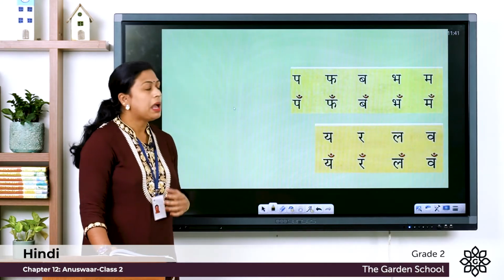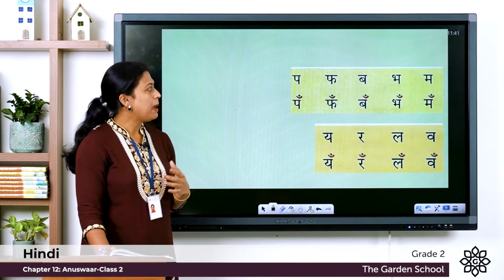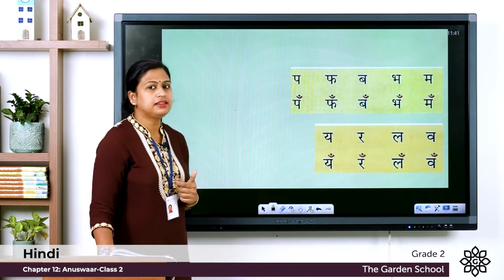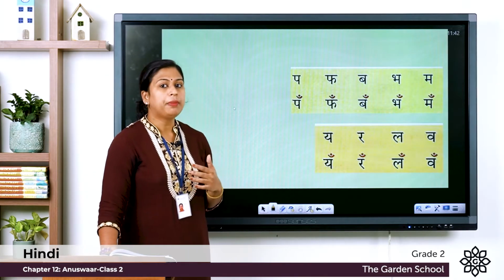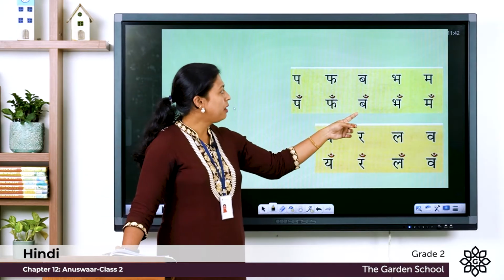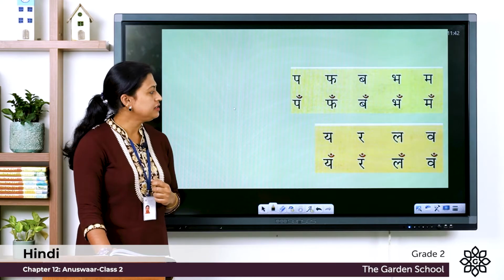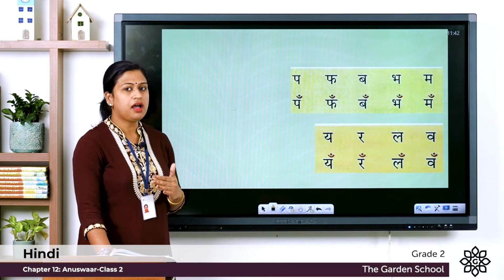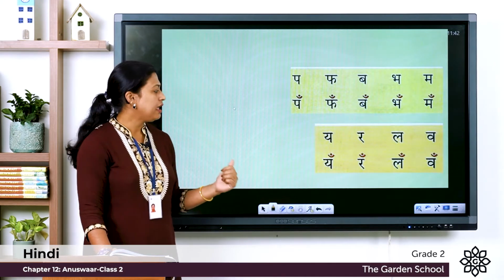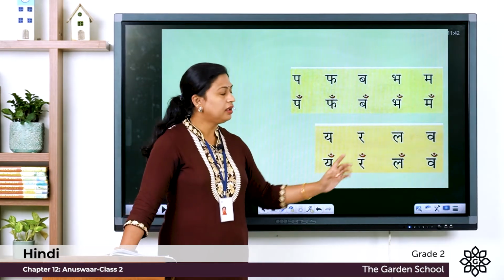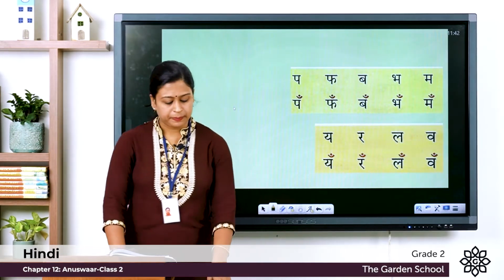Next one, Pa, Fa, Ba, Bha, Ma. And when we add this symbol, we pronounce Pa, Fa, Ba, Bha, Ma. Next set of Vyanjan letters, Ya, Ra, La, Va. And when we add it, it sounds Ya, Ra, La, Va.